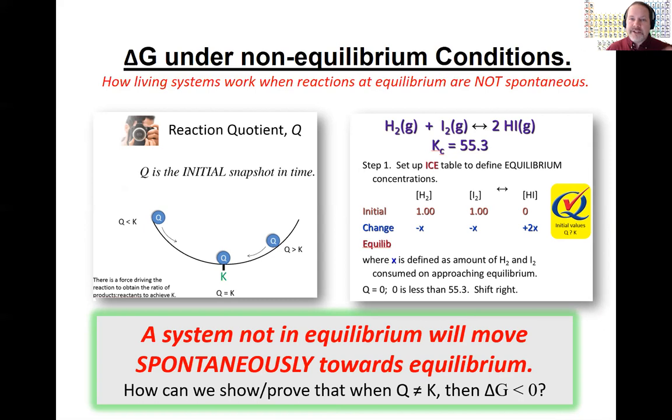So how can we show and prove that a chemical reaction will spontaneously, in a negative delta G way, move to go back to an equilibrium position? Notice there's like this force that's pushing the chemical reaction back towards the equilibrium. And it's that movement that creates energy for life.